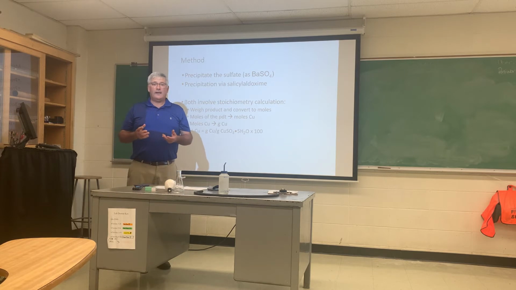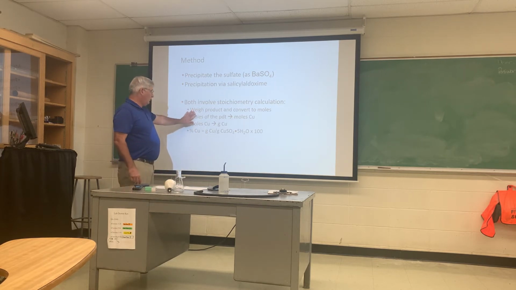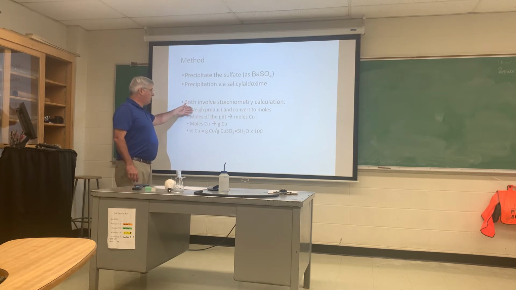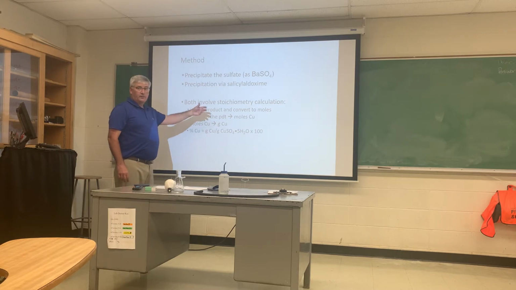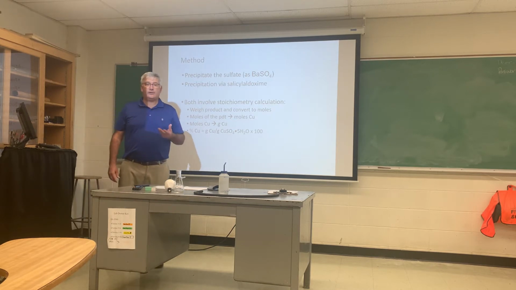So we'll make a product and we'll weigh those products, convert them to moles. Okay, so this is what we're doing in class at the same time. And once we get the moles of product, then we go from moles of product to moles of copper, or moles of product to moles of sulfate, then moles of copper, and then from moles of copper to grams of copper, and then we'll calculate a percent copper for each sample.